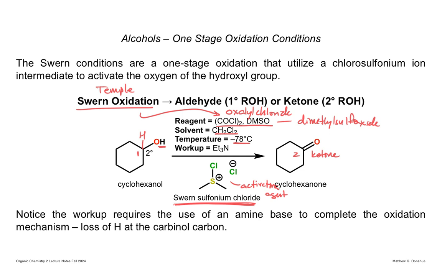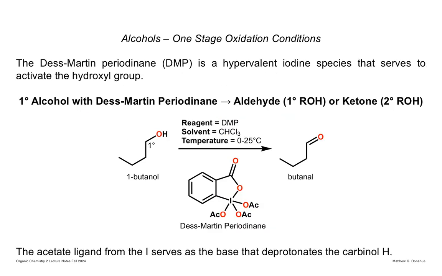And then we'll finish up with the Des-Martin periodinane. So they were at Illinois, and they developed this reagent. It's a hypervalent iodine called a periodinane.